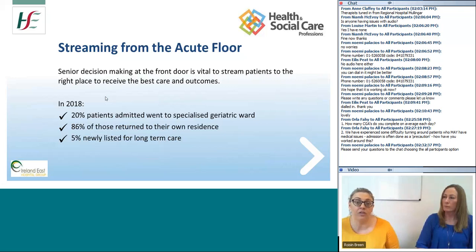So for those patients that need that medical admission and need acute care, what we've done in the last 2 years is that one of our wards has changed to a specialised geriatric ward. So we have 12 beds where we stream people directly from our front door team up to there based on some criteria.